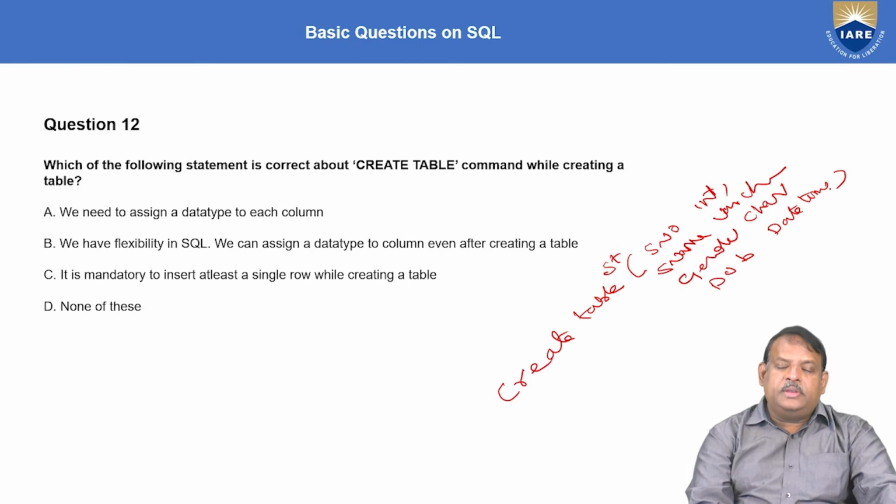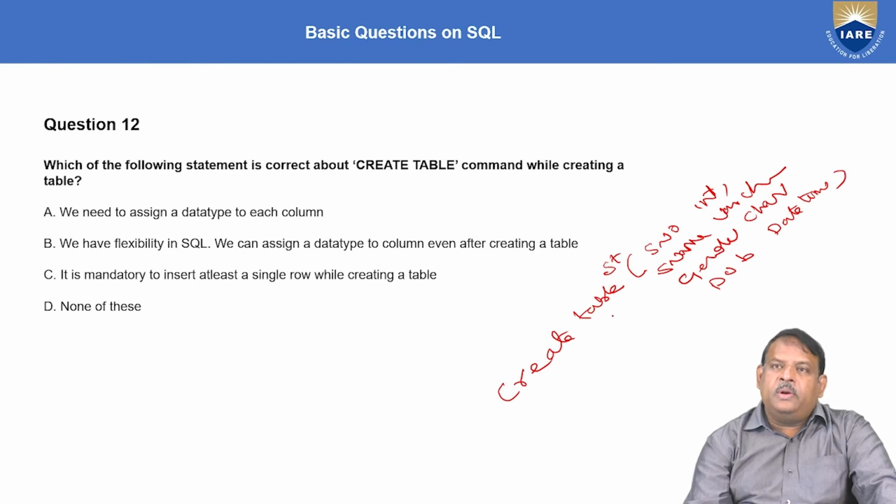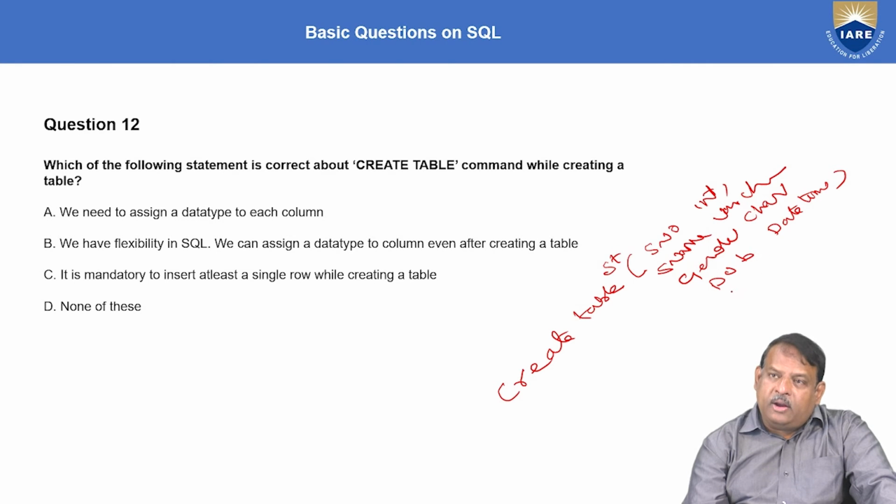So this is the syntax to create a table. Create table by name, table name, then you use serial number or student number, student name, gender, and date of birth.